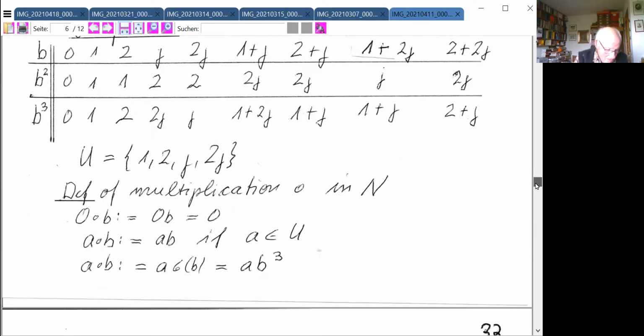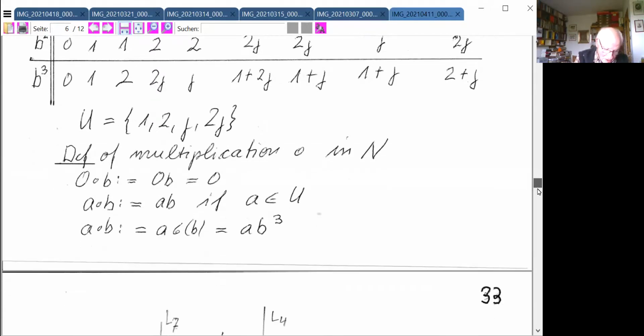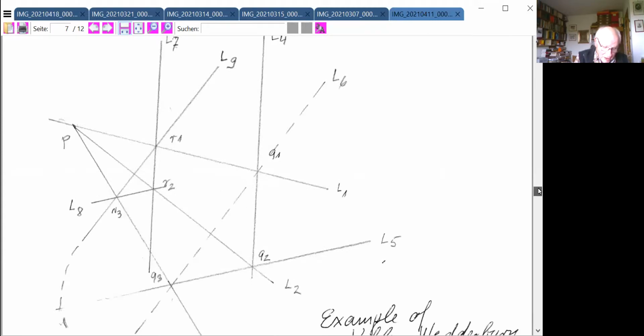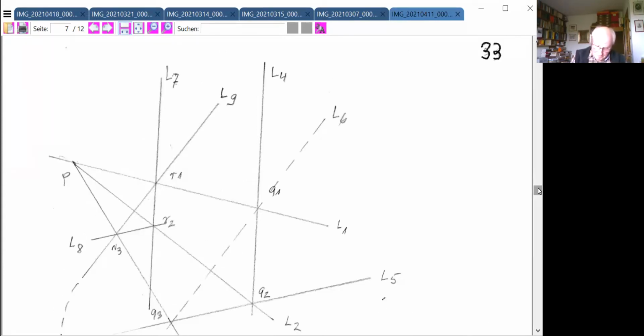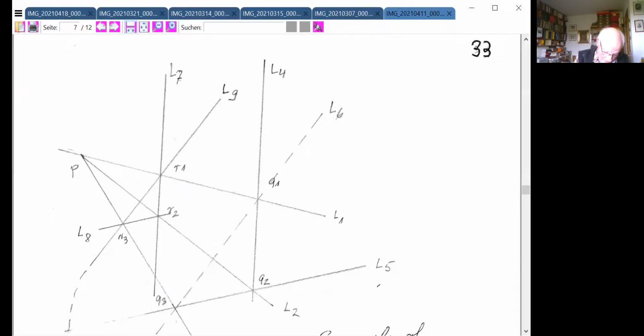Now we take page 33. Here you have now the example of Veblen-Wedderburn, but translated into the language, or into the concepts, of affine geometry.